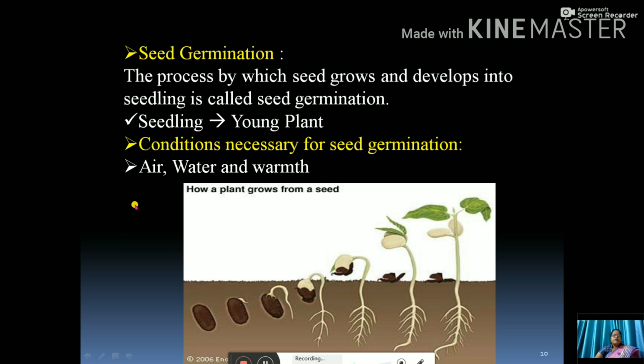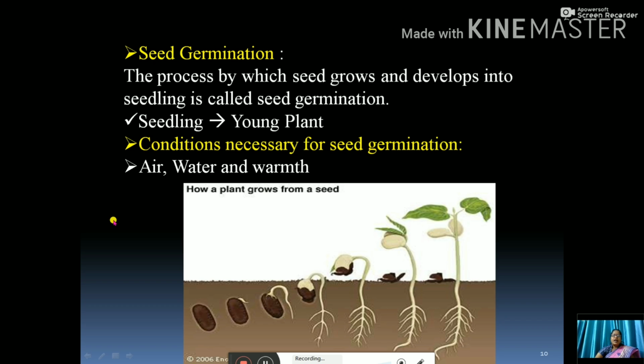In the first dish, keep 5 to 6 seeds in open air. In the second dish, keep the seeds inside water, totally dipped into water. And in the third, keep the seeds inside the refrigerator.